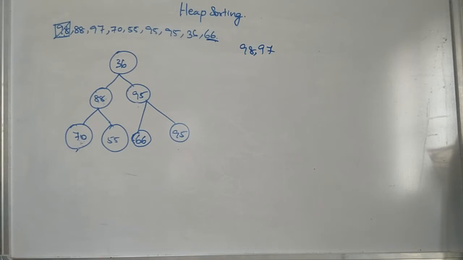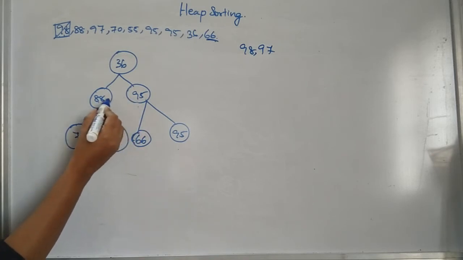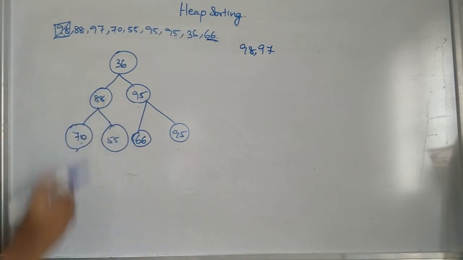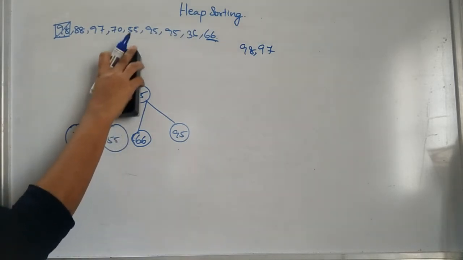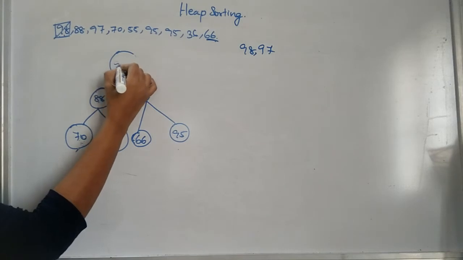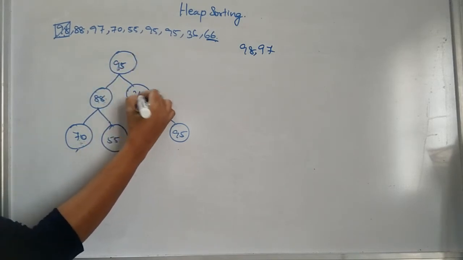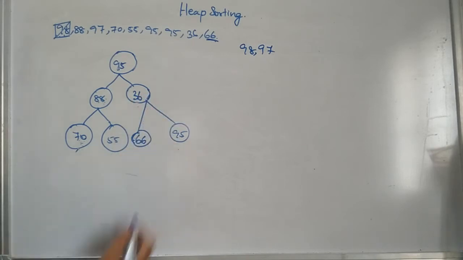As I have mentioned earlier, I'm going to trace the maximum of these two values. 95 is the maximum, so 95 will come here and 36 will appear here.